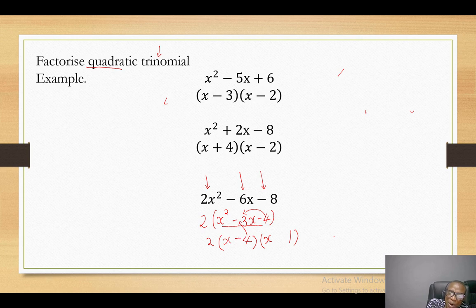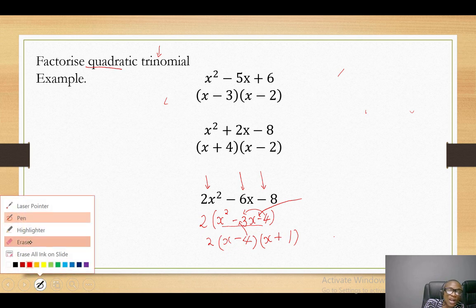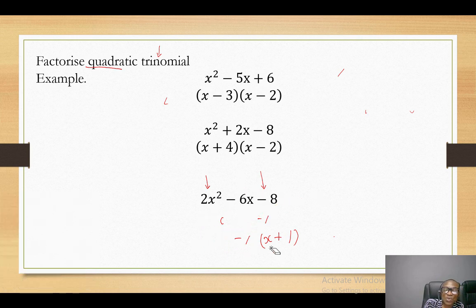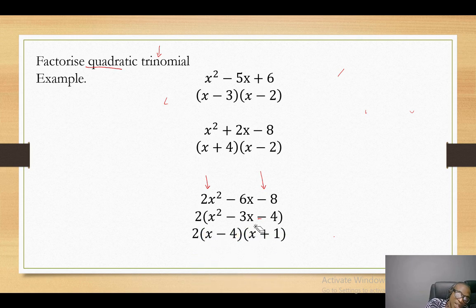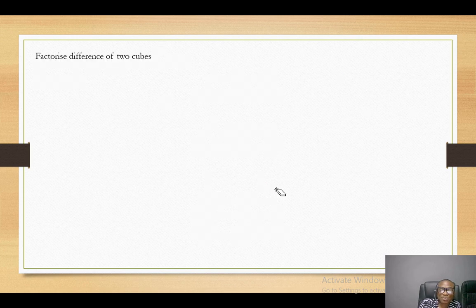Because the last term of this quadratic is minus 4, it means the signs in the brackets should differ. So it's 2, x minus 4, x plus 1. It's your final answer. Let's check what we have done. Yes. You have factorized a quadratic trinomial.